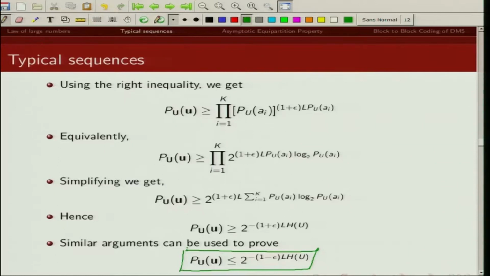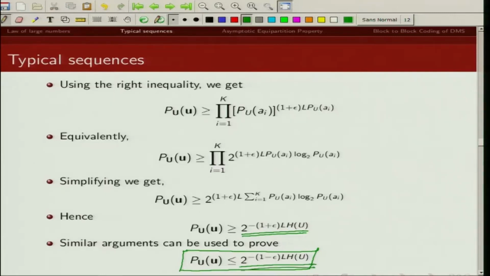The proof is exactly similar to the way we proved the lower bound on probability of U. So following those procedures, we can easily show that probability of U is lower bounded by this and upper bounded by this quantity.